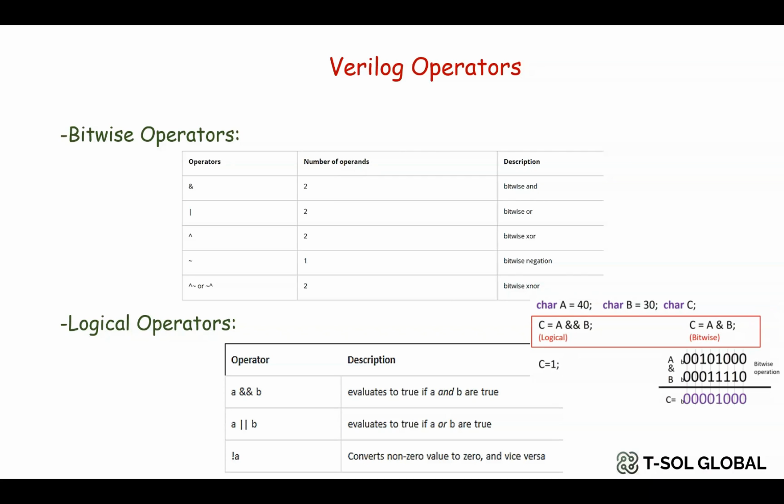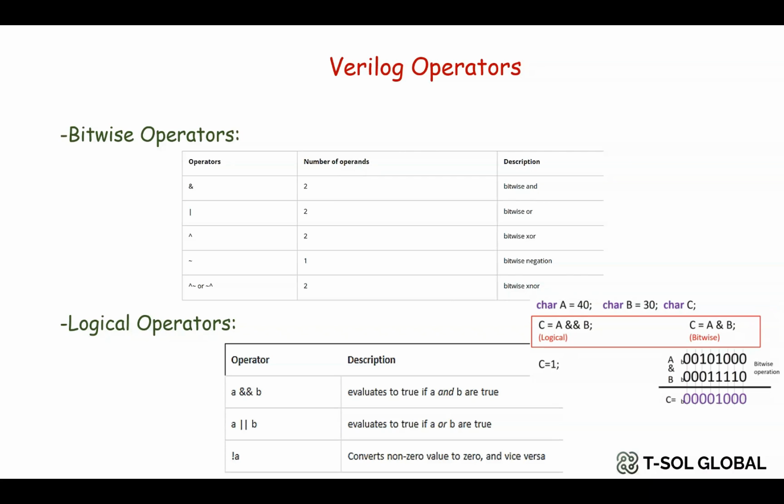If A is 40 and B is 0, then C is equal to 0. In the case of bitwise operators, if we do C is equal to A and B, then it will do the AND operation bit by bit.